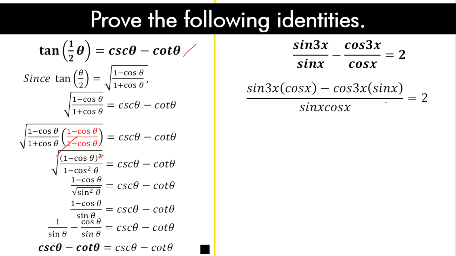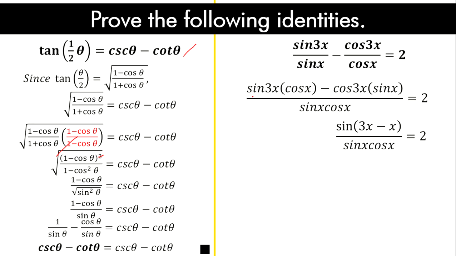Now, observe the numerator. Sine, cosine, cosine, sine. Do you remember any identity here? Actually, this is the difference of sine identity.